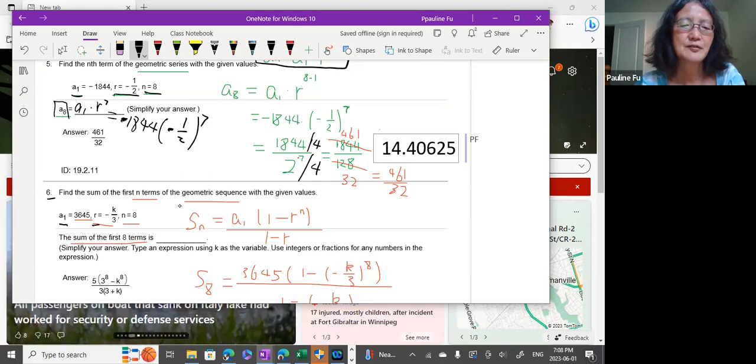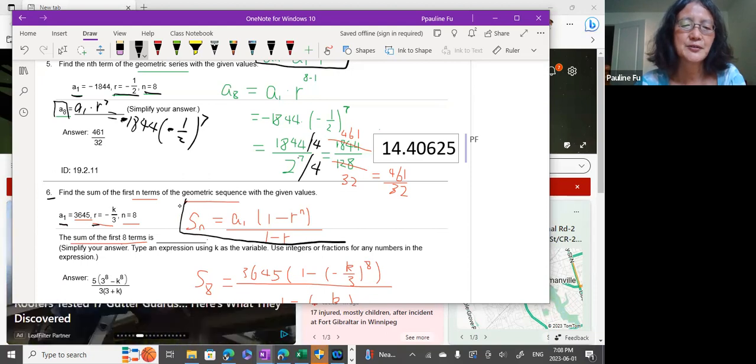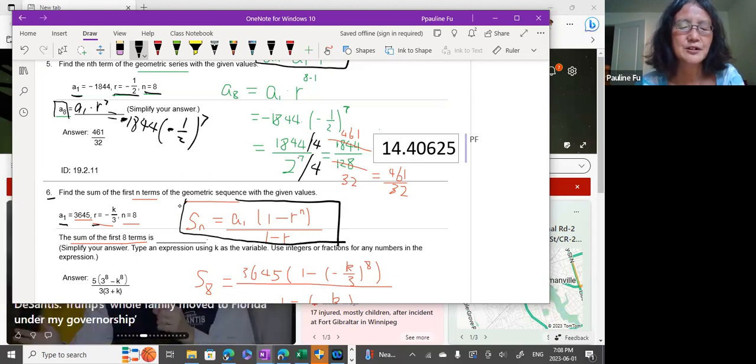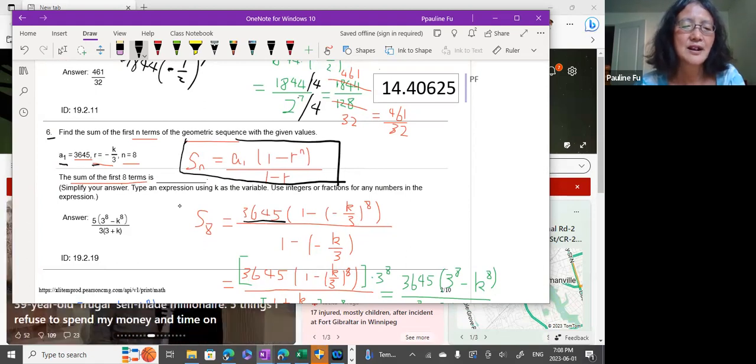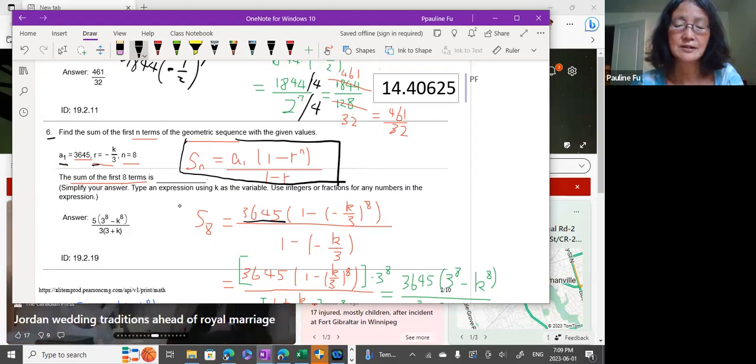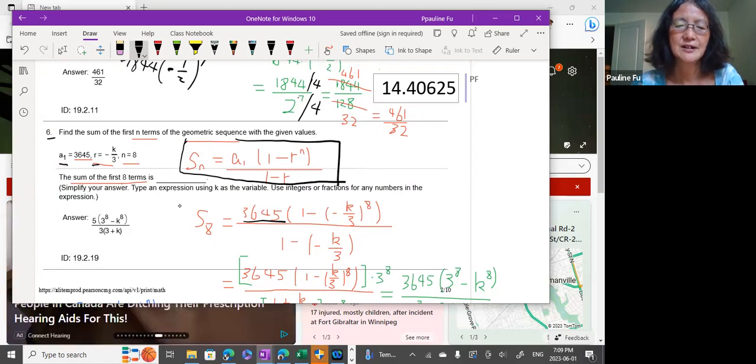The sum for the n terms of geometric sequence is this formula. The question asks you to calculate this formula. So A1 is given, A1 3645. R negative 1/3, negative 1/3 here, raised to power n is 8. Then on denominator, you have 1 minus bracket negative 1/3.